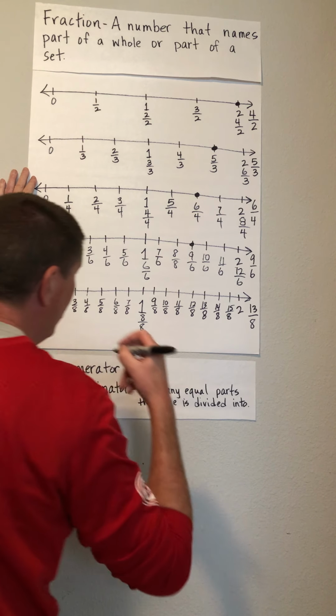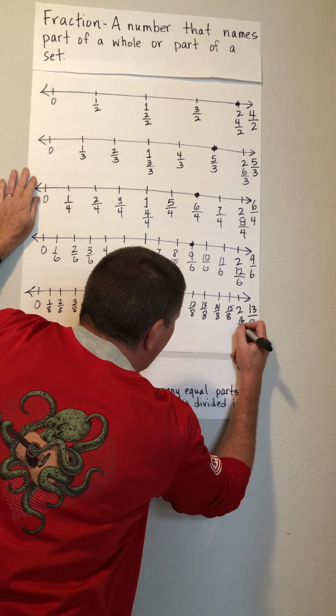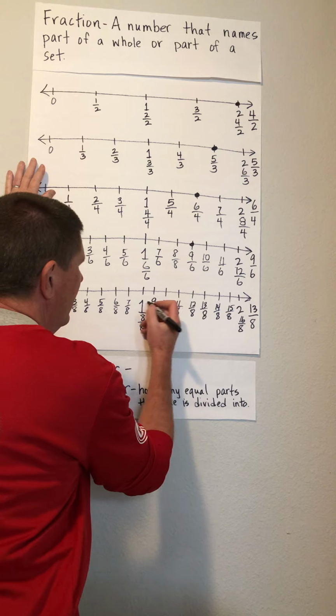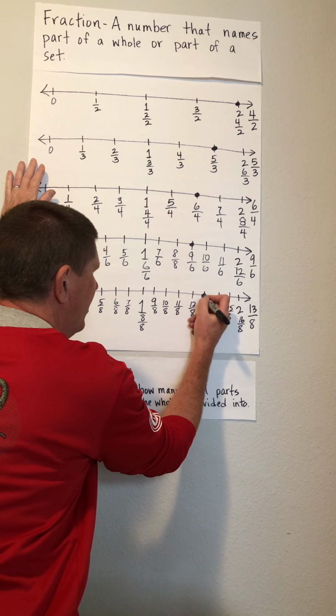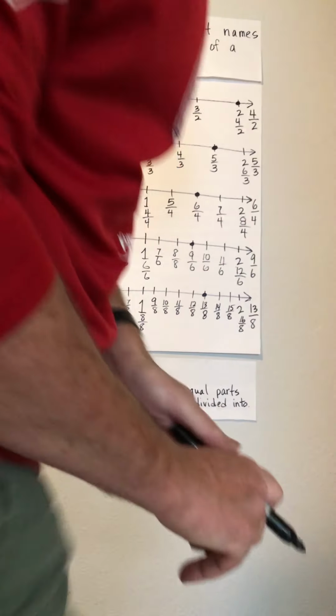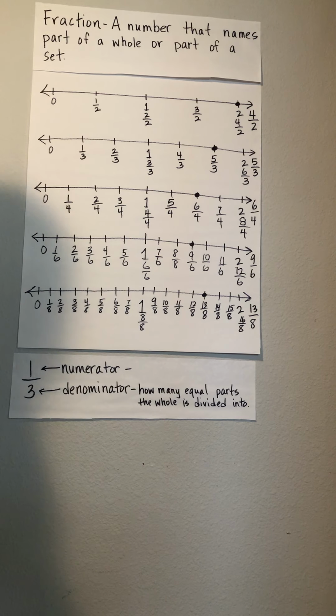Thank God we didn't do 30 seconds. And 16/8. Now we're looking for 13/8. 9, 10, 11, 12. Oh, there it is. 13/8. And there you have it, boys and girls. Fractions greater than 1 on the number line.